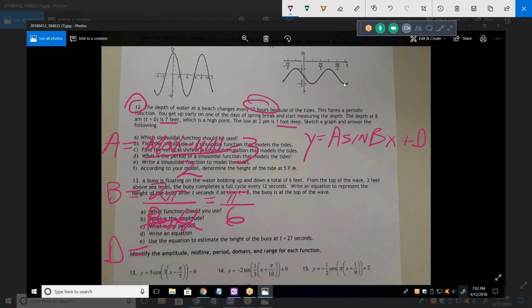So D is 4. What's our equation? Y equals 3 sine of pi over 6 x plus 4. Now, they didn't give us any information to know whether this is a positive sine curve or a negative sine curve.